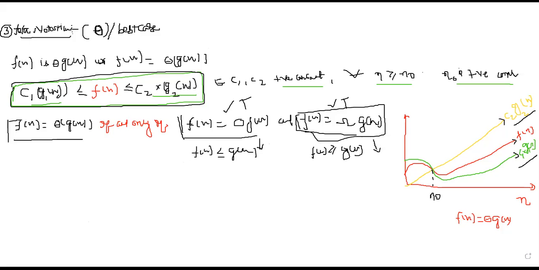Okay. Now it is clear. So when can we say best case or theta notation? f(n) is theta of g(n) if and only if there exist two functions g1(n) and g2(n) such that some constant c1 times g1(n) is less than or equal to f(n), and some constant c2 times g2(n) is greater than or equal to f(n), for all positive constants c1 and c2 and for all n greater than or equal to n0.